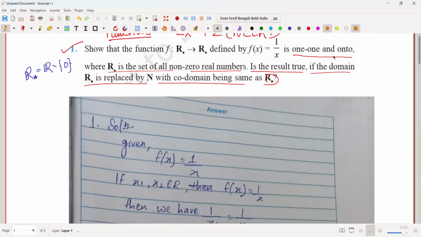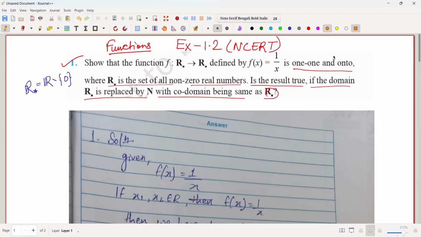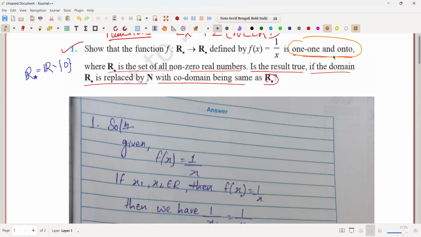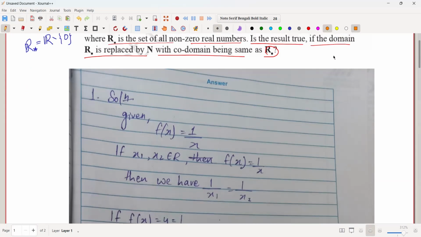Okay, so it is 1-1 and onto, and next, R star is replaced by the natural numbers N and codomain is R star.